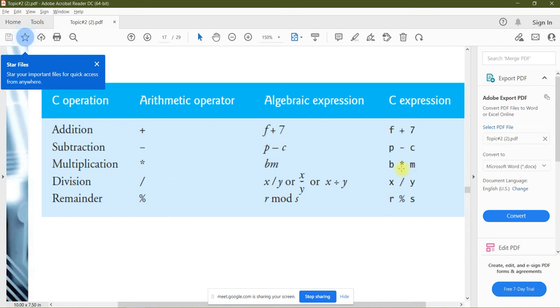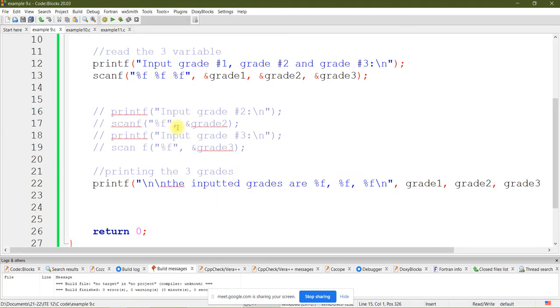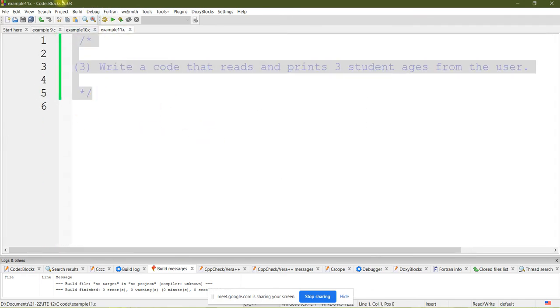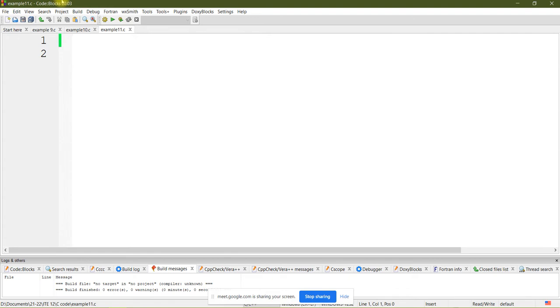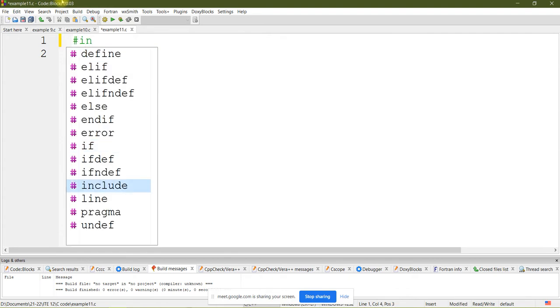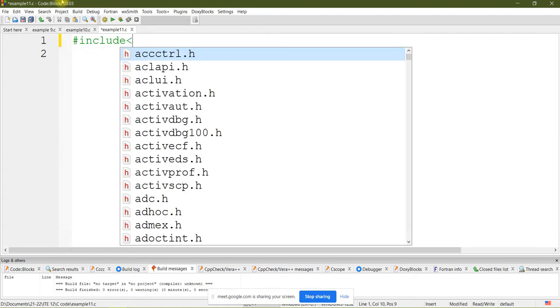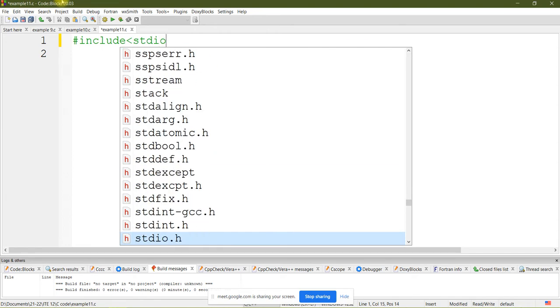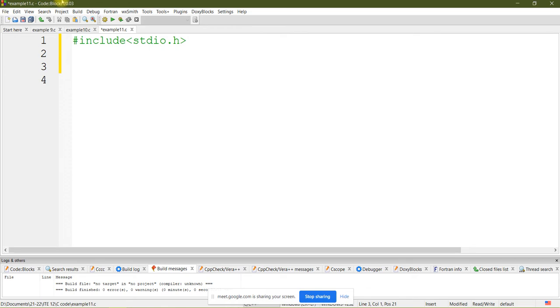Okay, so let us try to use this one in code. Here in example 11, since we will not answer example 3. Sharp include stdio dot h and main.